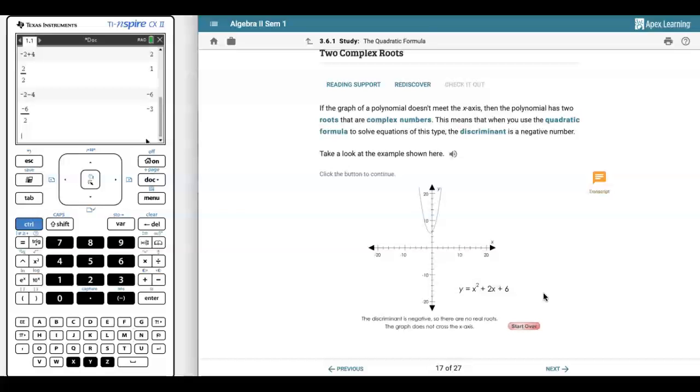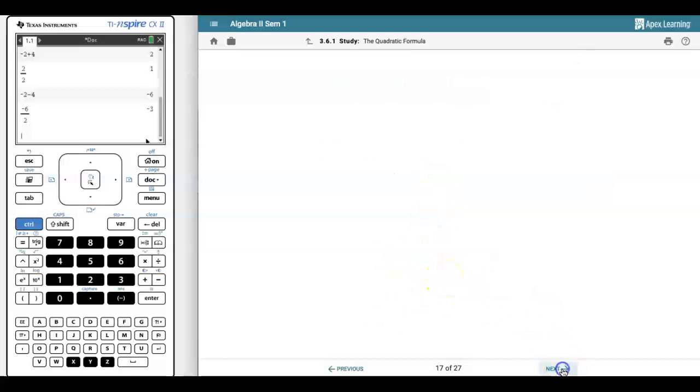Graphically, since I have no real roots, it doesn't cross the x-axis at all. It could be opening upwards, or it could be down here and opening downwards, but it's not going to cross the x-axis.